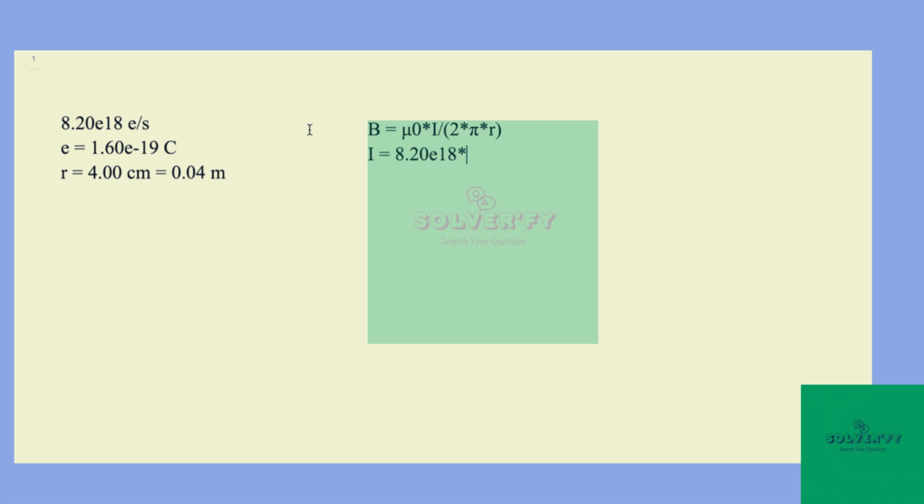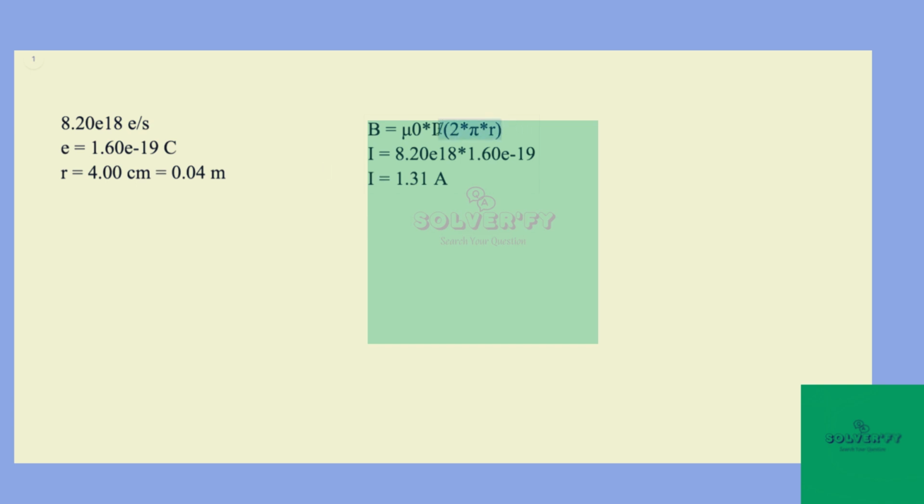So we're going to want to multiply that by the charge of each individual electron, which is going to be 1.6 times 10 to the minus 19 coulombs. And when we plug that in, we find that the current in this case is 1.31 amps.